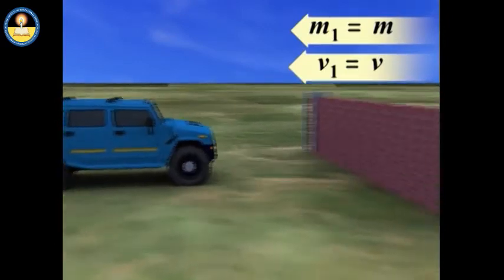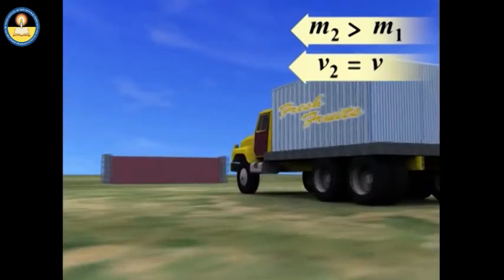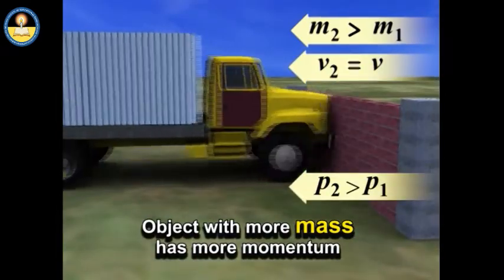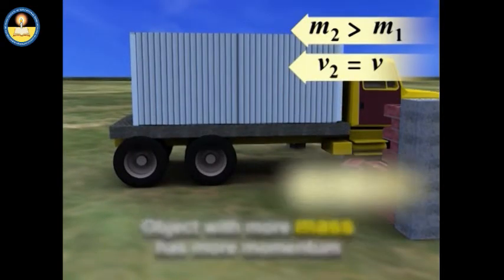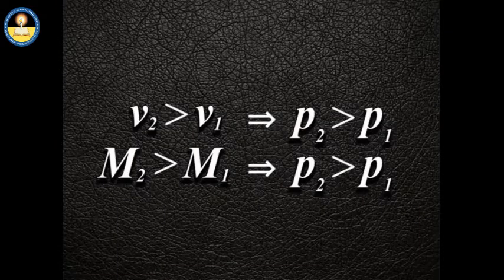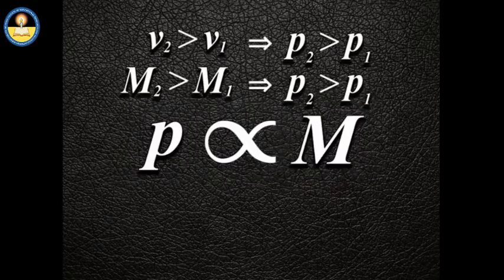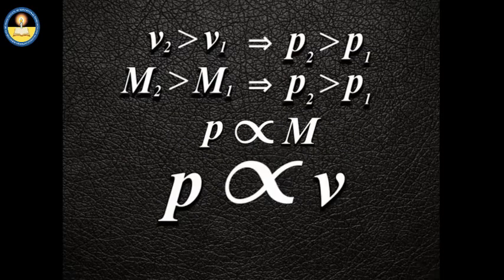Similarly, if two or more vehicles of unequal masses are moving with the same velocity, then the vehicle having more mass has more momentum. This shows that the amount of momentum that an object has depends upon two variables: how much mass is moving and how fast it is moving.